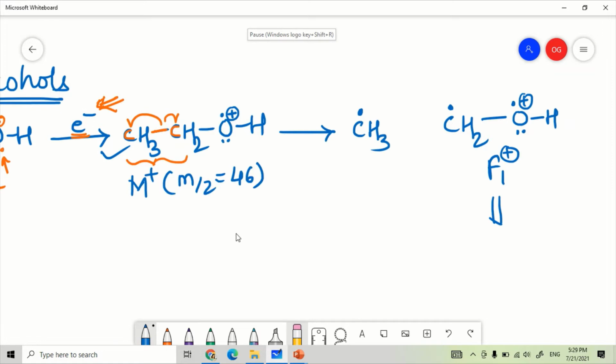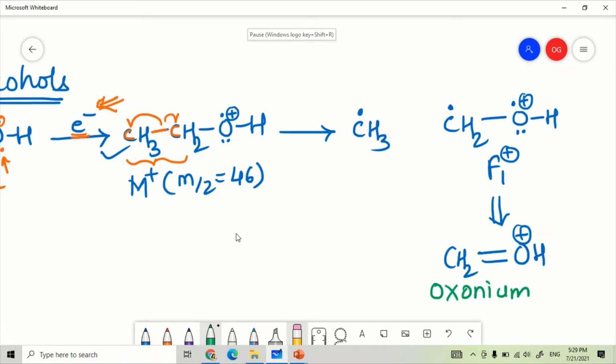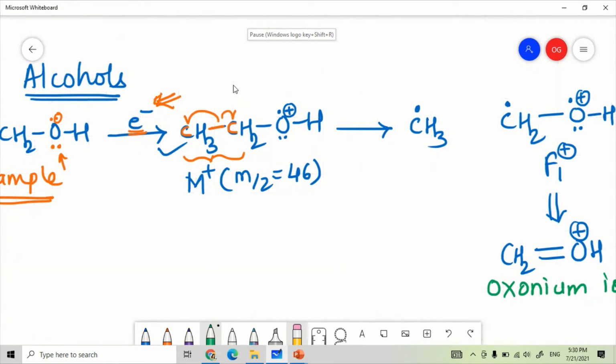I can rearrange this as CH2=OH+, and this ion is called an oxonium ion. So in case of alcohols oxonium ions are formed. That we have to remember.